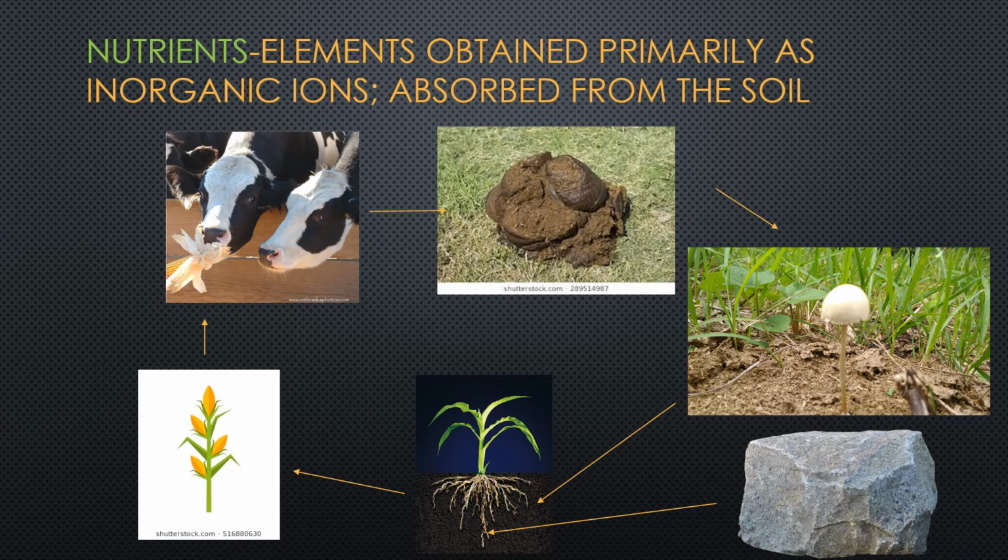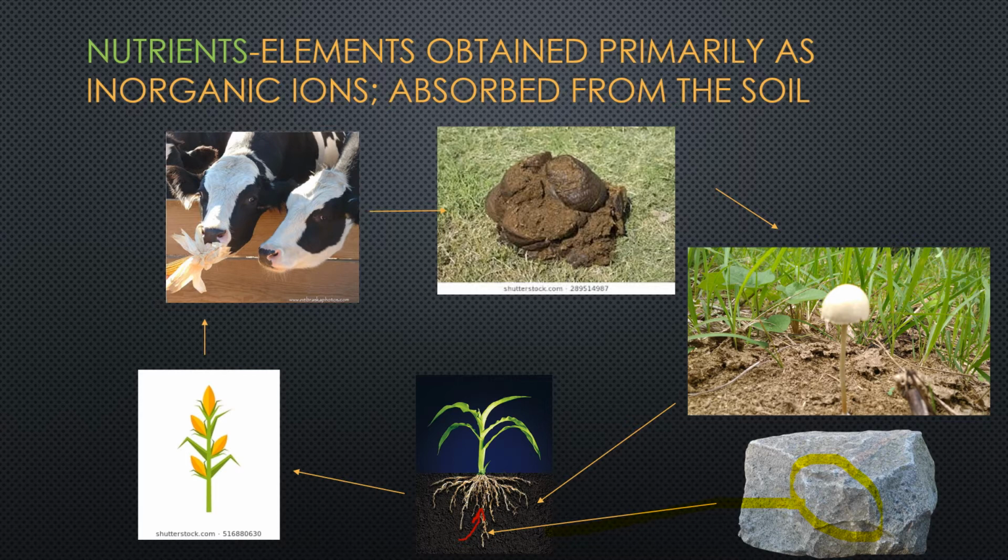So as we've talked about before, we start out with our rocks, and through weathering and various other processes, mechanical and chemical, ions get put into the soil. And this is where our plants absorb these ions through the roots.